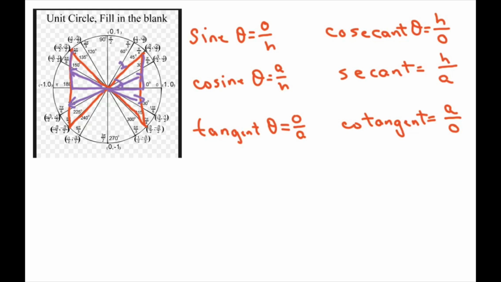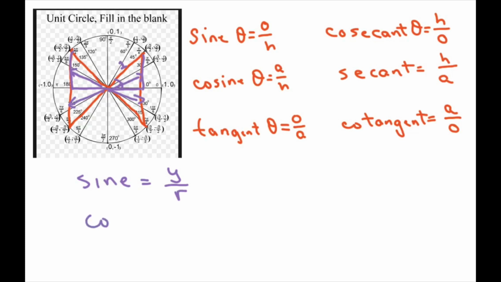So we're going to rewrite sine as, instead of O for opposite, we're going to write it as y. And instead of H for hypotenuse, we're going to write R.